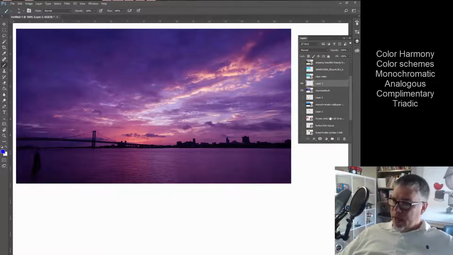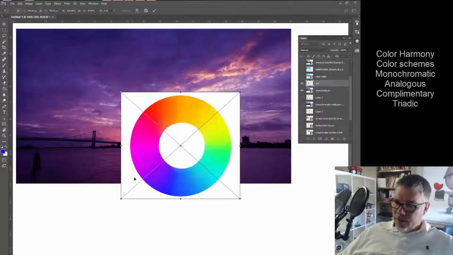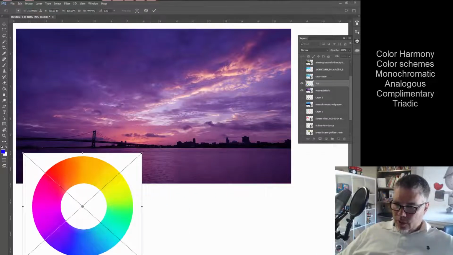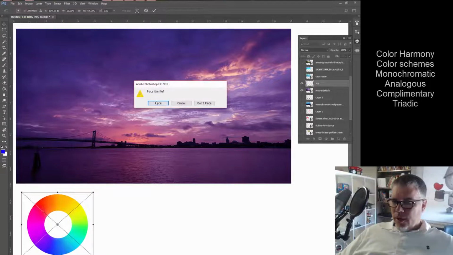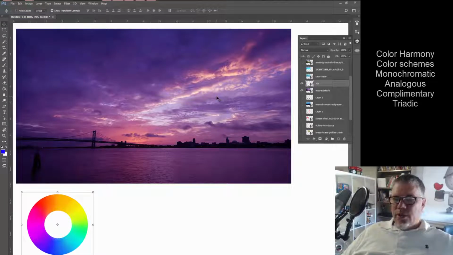And with analogous, what we're talking about, and I'm just going to bring this color wheel in here, we're talking about two places on the color wheel in the color scheme.